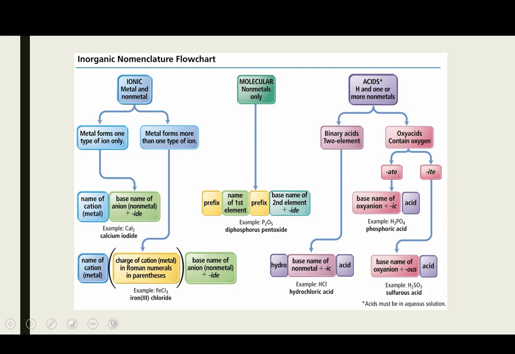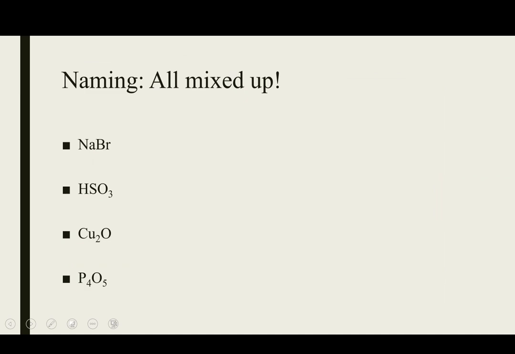This flow chart takes you through all of the different types of naming here. So we're going to do a little practice with determining what type to use. So in NaBr, my first element there is a metal. That metal cannot form more than 1 charge, so we just name this sodium bromide.